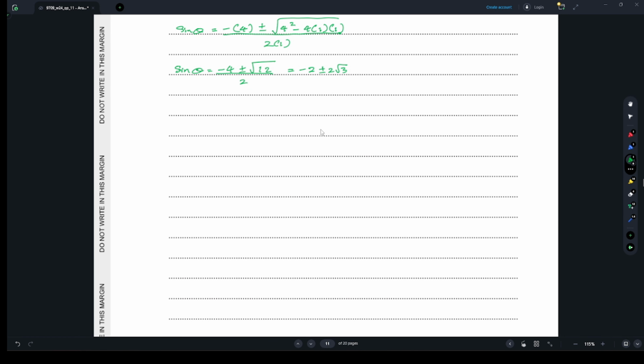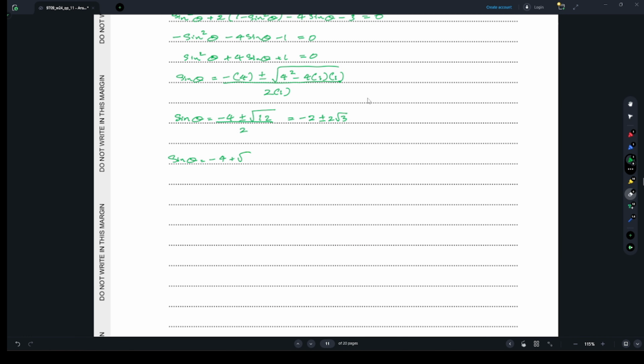And then here we have two answers: sine theta equals minus 4 plus, sorry, 2 cancels, then it's root 3.